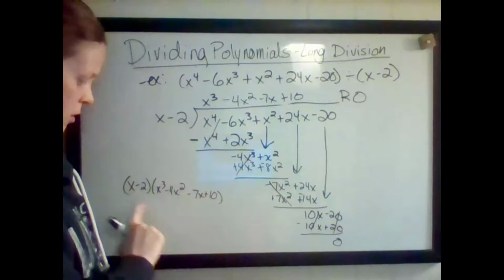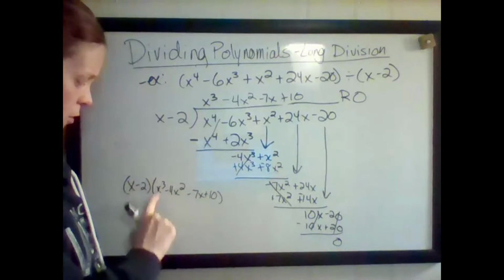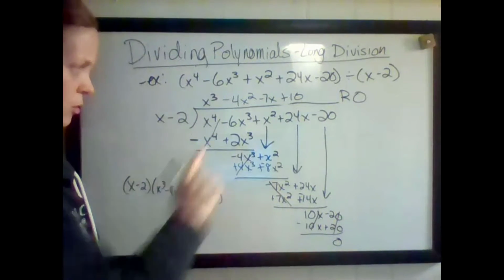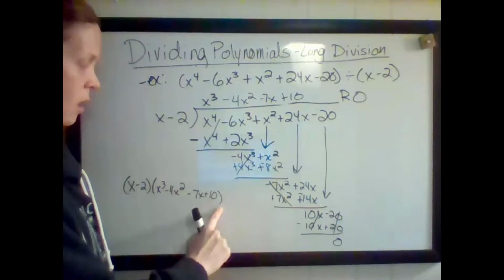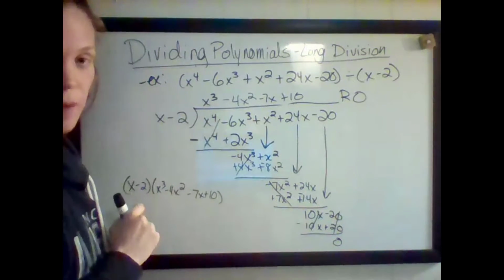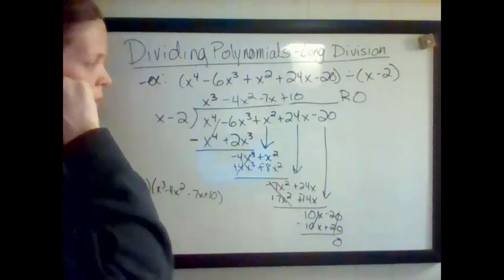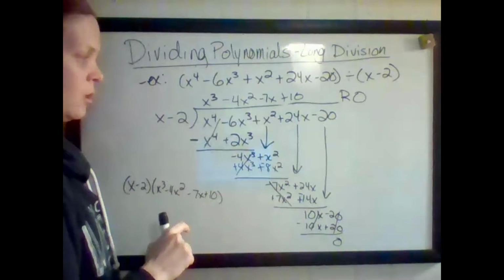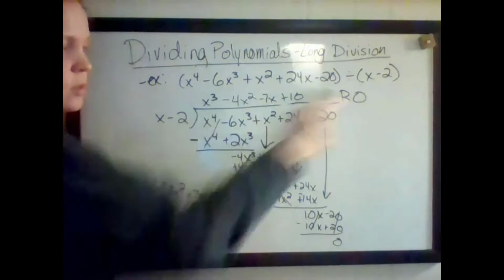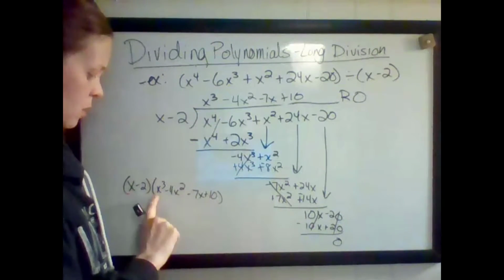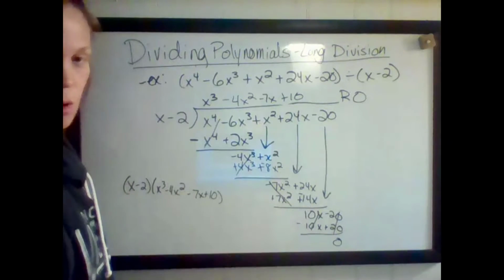If I were to multiply this all out, and I would encourage you to do this on your own, distribute the x, distribute the minus 2, we're going to get this. So it's a way to figure out, is x minus 2 a factor of this whole long thing? Because you can't really just factor this, so sometimes we just have to try different things. Try x minus 2, see if it's a remainder of 0. And then it breaks it down to just an x cubed now, and then you can keep going from there.